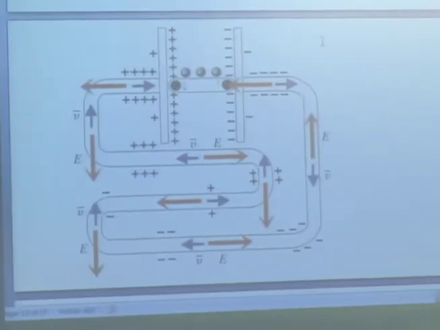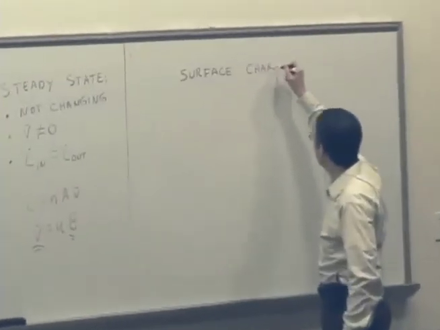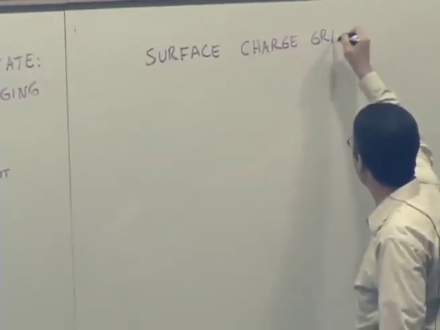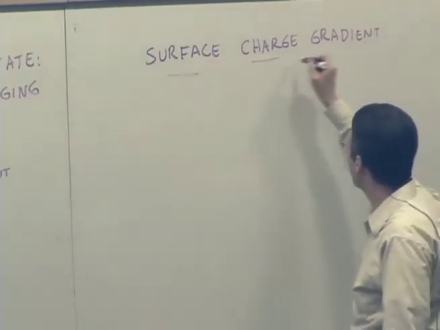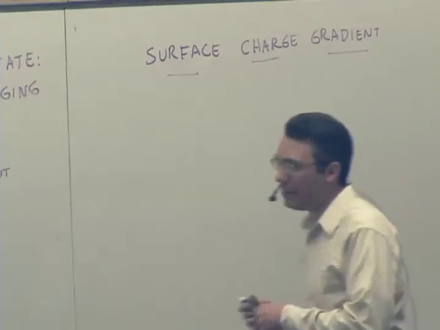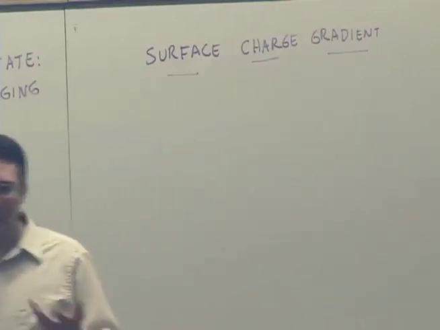And this is called a gradient, namely a surface charge gradient. Gradient meaning a change, right? A continuous change over distance.